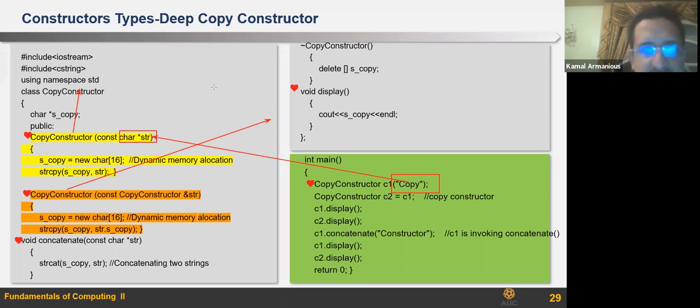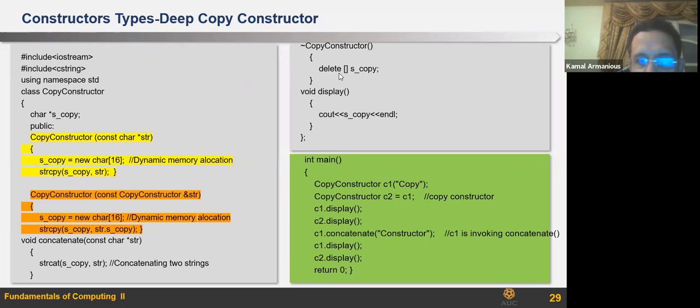Then coming back, copy constructor C2 equal C1. Oops, too many stars.